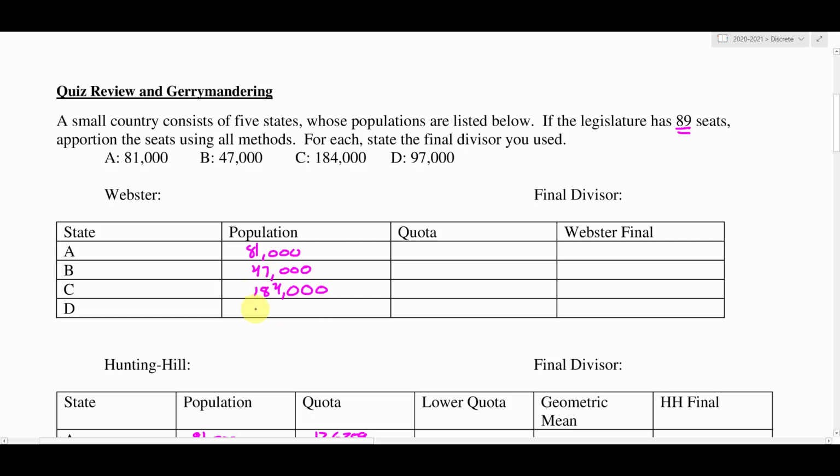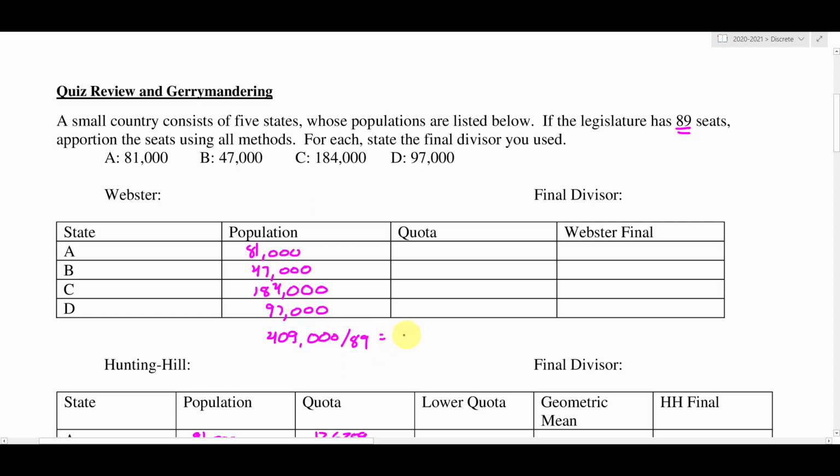The nice thing about the 4 methods is that determining the original divisor is the same for each of the 4 methods. I've got to take these populations and add them all up. If you do that correctly, you'll get 409,000 total people in this country. Then to find the divisor, we take the total population and divide by the number of seats that we're apportioning, which is 89.